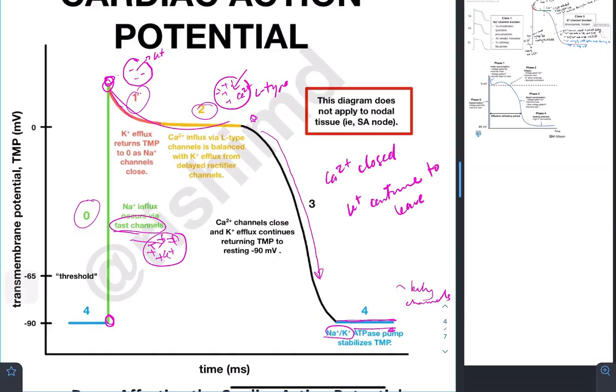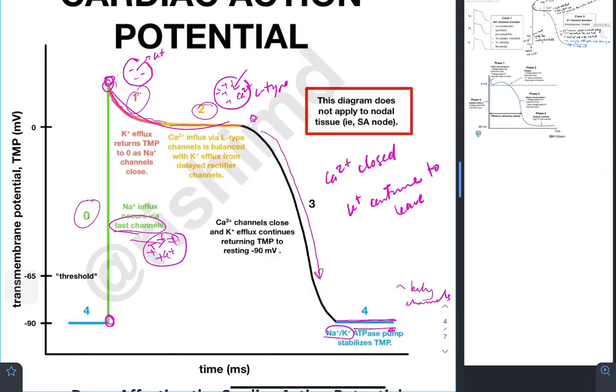We have phase 0. Sodium quickly rushes in through the fast channel and spikes the membrane potential. At this stage, the cells open up for potassium to leave, and so the membrane potential drops, but this is balanced out by the calcium long-lasting channel opening up to let calcium come in, so it plateaus out.